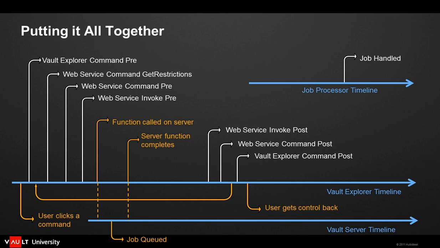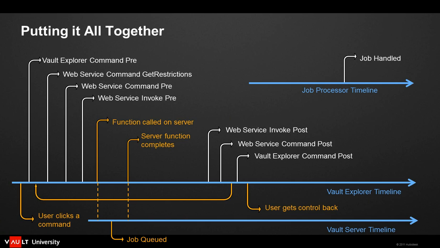And let's say in Vault Explorer, the user clicks on a command, you get your command pre, stuff happens, a web service call is made from Vault Explorer. Sorry, you get the command pre first, then you get the invoke pre, then it goes to the server. The server might decide to queue up a job if it's a lifecycle state change.